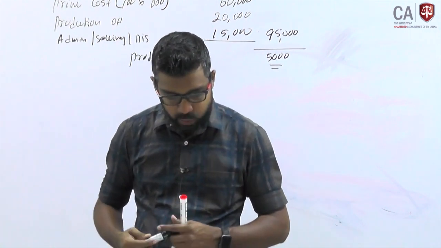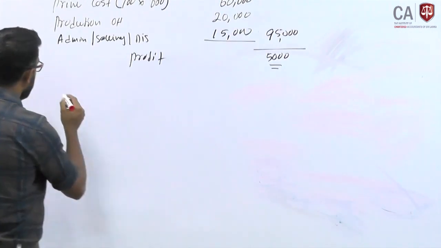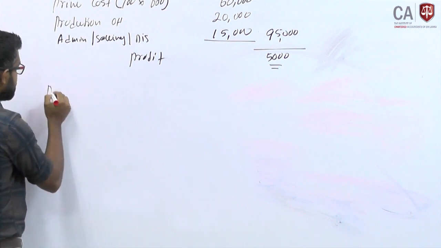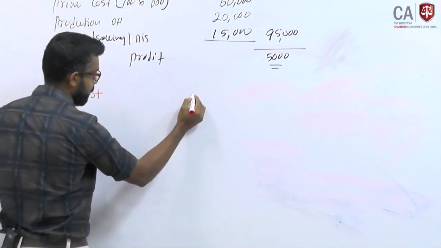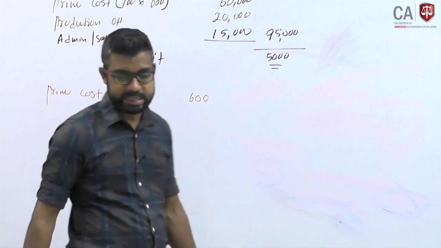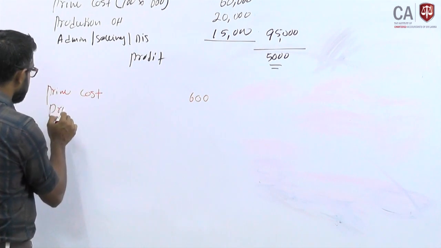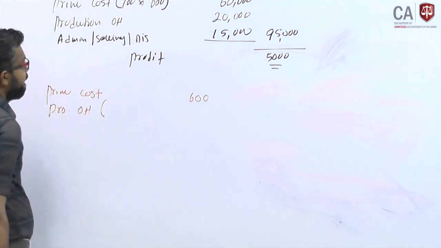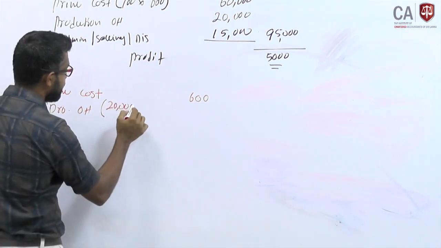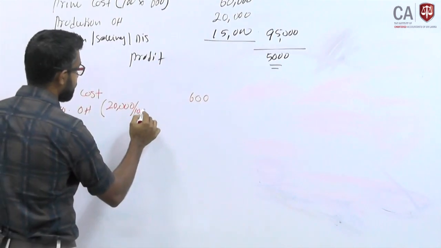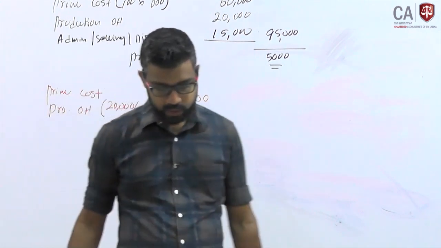Now the same thing we can calculate in a different way. How can we do it? Per unit, prime cost you have 600 per unit, and production overhead cost per unit they have not given, you have to calculate it: 20,000 divided by 100, 200.